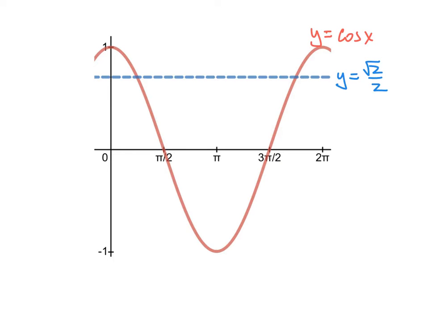What we know about systems of equations is that the point of intersection of these two graphs is where cosine of x is equal to root 2 over 2. That'll be right here and right here. So the x values of those points are at pi over 4 and over here at 7 pi over 4.